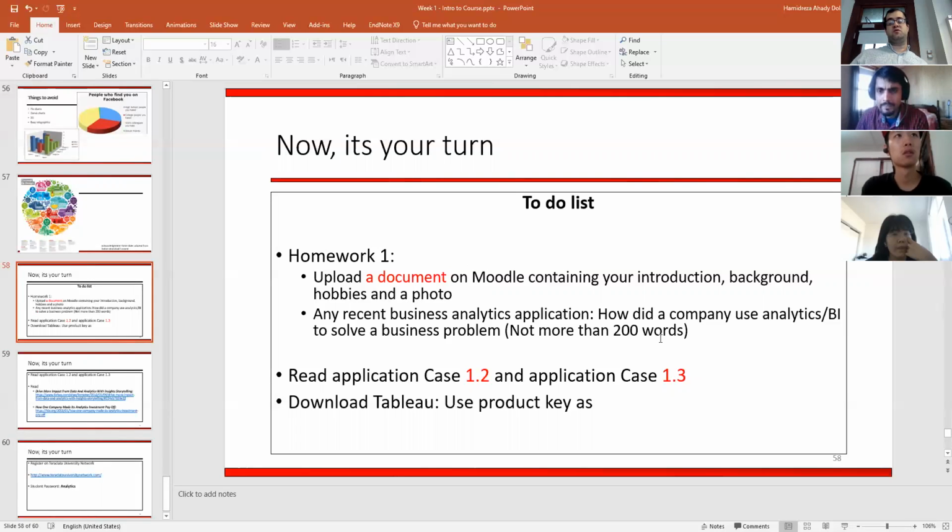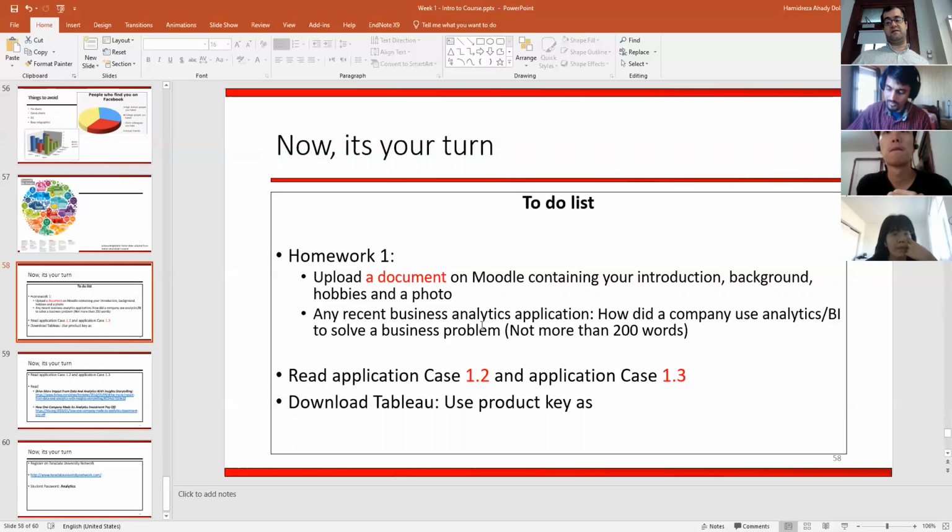For both of them, don't make more than 200 words for the first and second. You can just Google it, see, for example, what companies, how they use business analytics to solve any problem. You can say, for example, Amazon did that, or Google did this, or Alibaba used analytics for such a thing. I think there are plenty of stories online.